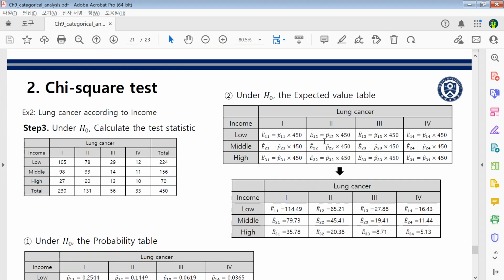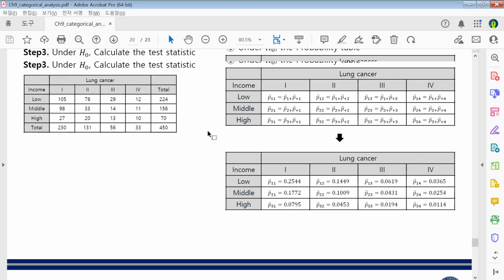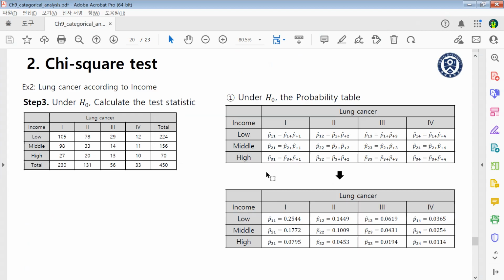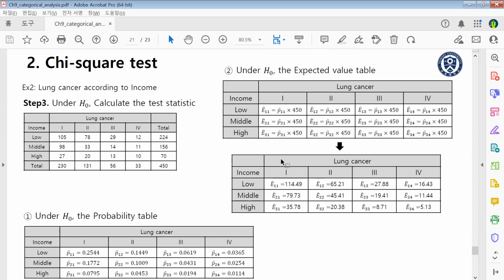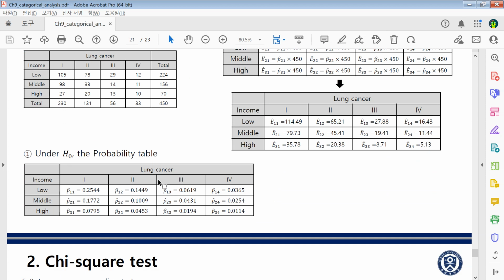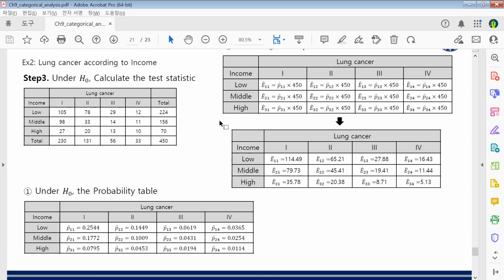So you can compare to each result in this lecture material. There's no difference to each other. And as the final step, this is the expected frequency.